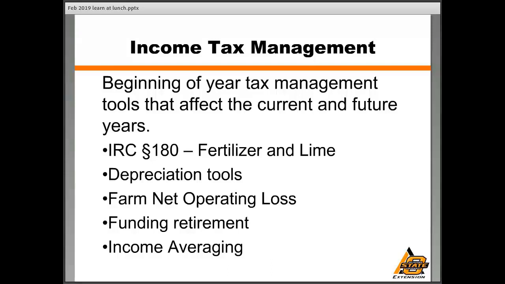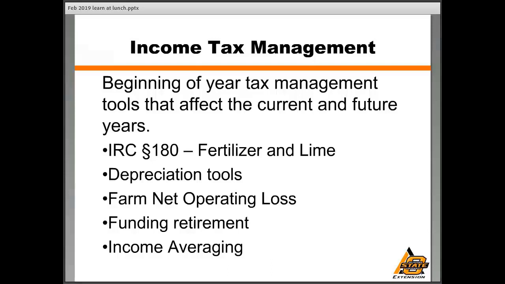So if phosphorus is going to last 2 or 3 years, you capitalize it, you basically spread the cost over a period of time. The same with lime. We'll talk about some depreciation tools, how those can impact, again, current year. And looking forward, some can go as long as, well, depending upon the asset, most of the time we think of about 15.